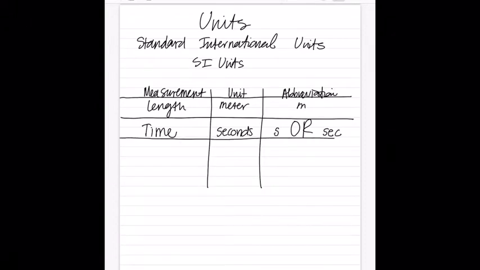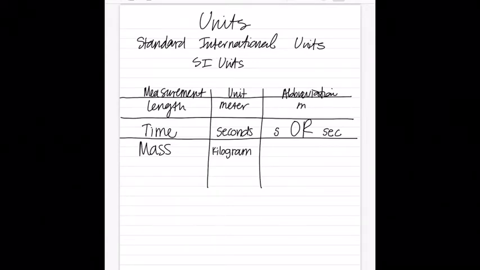All right. Next one is mass. Now this is the one that everybody has a hard time remembering, and this question is on your exam in a couple of weeks. What is the SI unit for mass? The SI unit for mass is a kilogram. This is the only one that uses a prefix. So I didn't say kilometer, millimeter for length. I didn't say kilosecond or a millisecond for time.